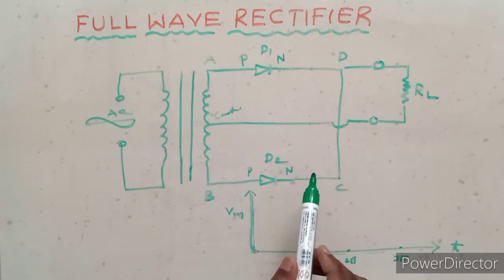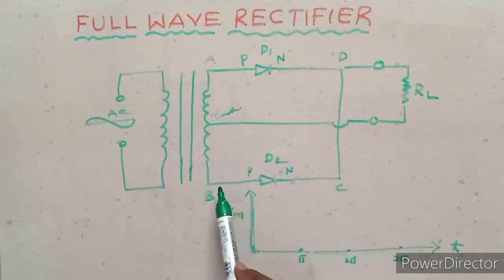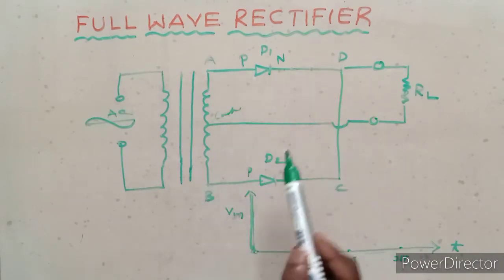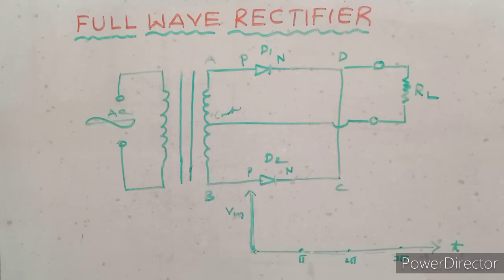And in another case, this is negative potential, this is positive potential, this is reverse biased, this is forward biased. With the help of the graph of voltage and time, or power and time, current and time, this is pi, this is 2 pi, this is 3 pi, this is also 4 pi.